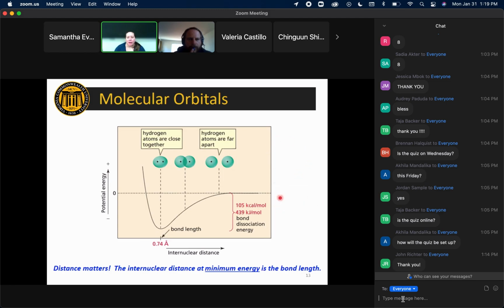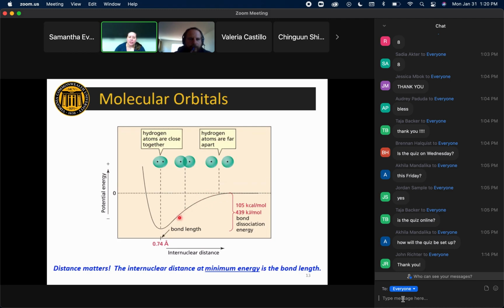If we start from the right and imagine our two hydrogen atoms not associated with each other, as we bring them closer they realize, oh, there's another atom out here that has an electron, and maybe we could get together and share our electrons and be happier. As they get closer, the energy drops because you're getting a little bit of stability in the system. They're starting to reach out and partially share electrons with each other.